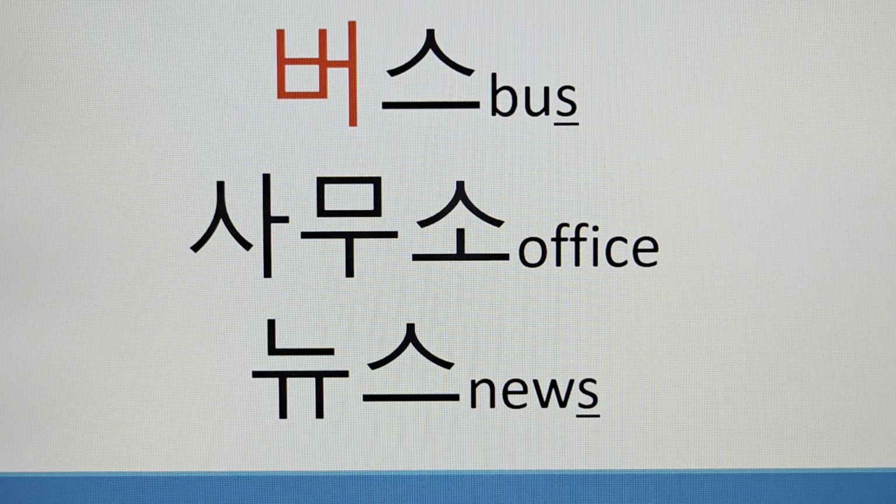So again, because a single final consonant like S here cannot stand alone in Korean, we add U to make it news, instead of news. So remember, Korean never allows a consonant to stay alone. So we always add a vowel to make the sound natural in Korean.